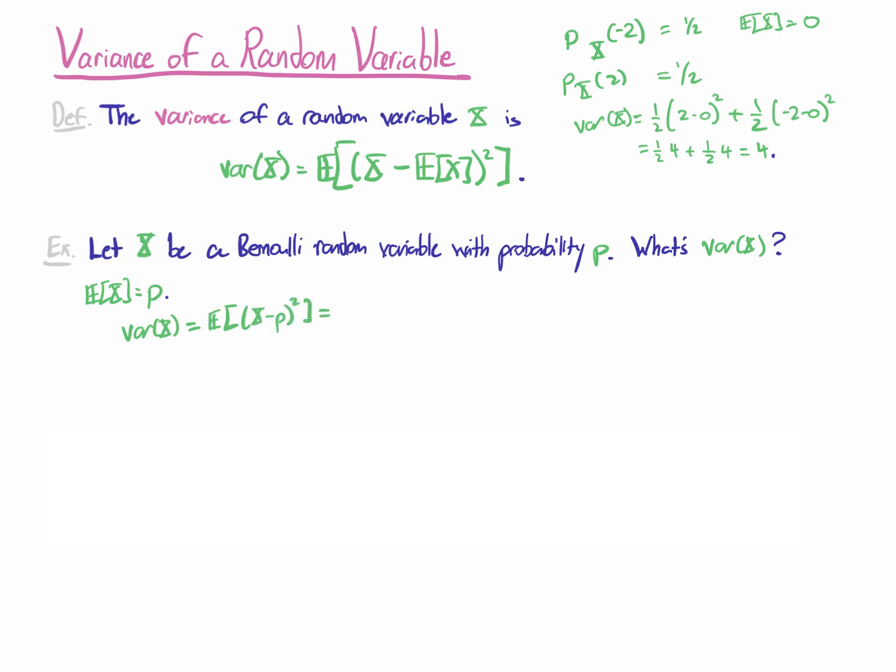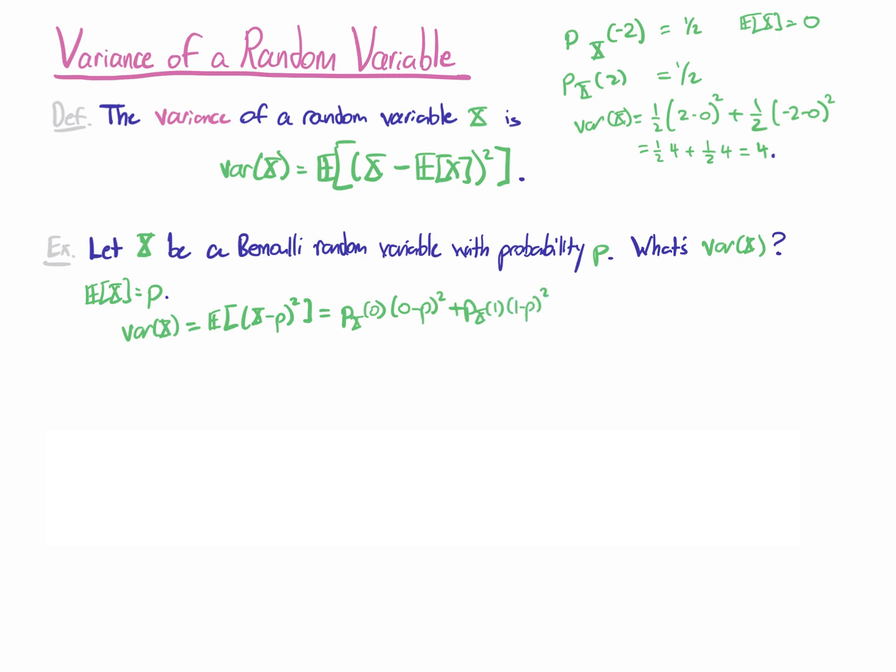We have two scenarios here, so X can have one of two values, either 0 or 1. In the case that X has value 0, we need to consider the probability that X is equal to 0 times (0 minus p) squared, and then the probability that X has value 1 times (1 minus p) squared.